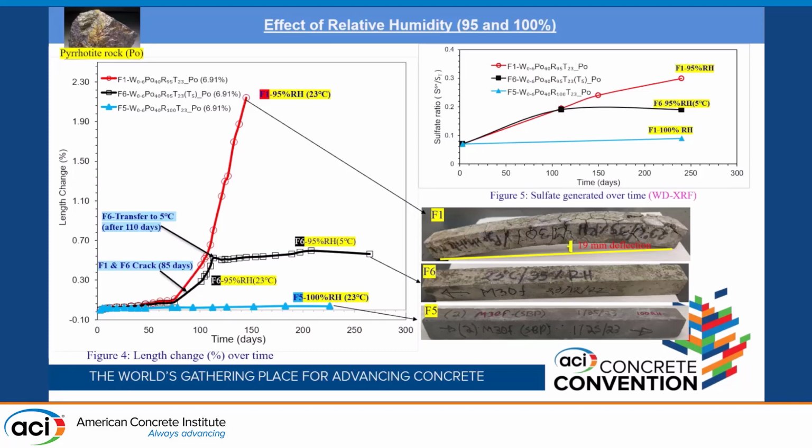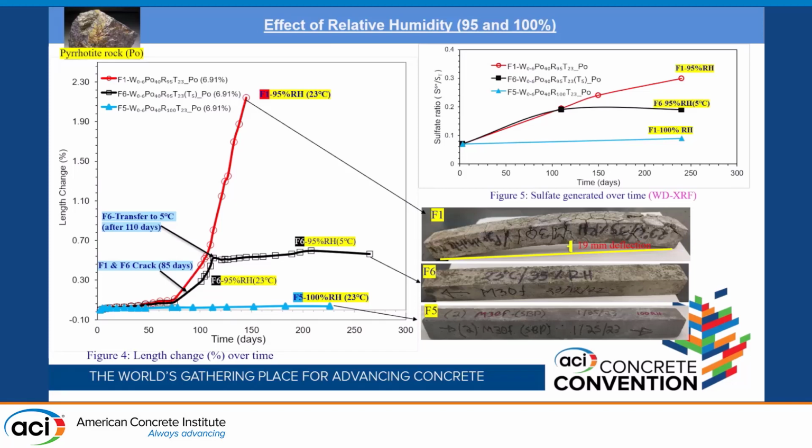It did not show any further expansion or cracking. It could be due to the absence of carbonate mineral. And specimen F5 was kept underwater at 23 degrees Celsius and 100% humidity. It showed very slow expansion, only 0.04% after 230 days, and no cracking.